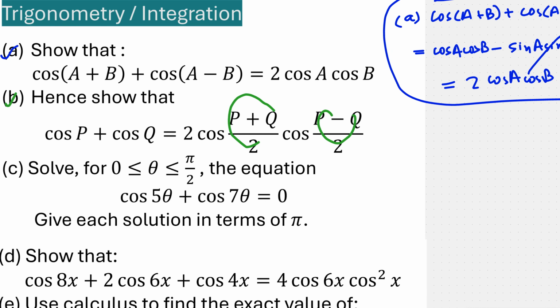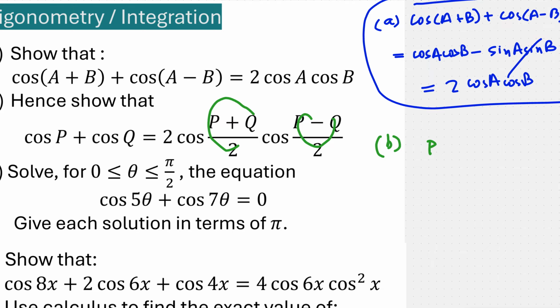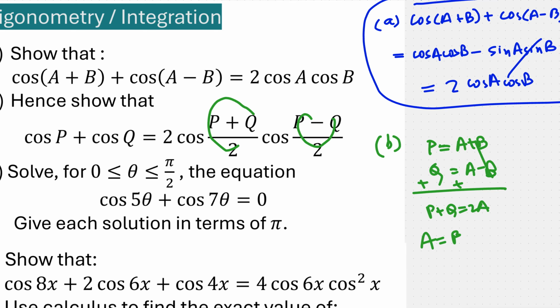For that, what I can do is put P equal to A+B and Q equal to A−B. Then if I add, P+Q is 2A. So A is (P+Q)/2.